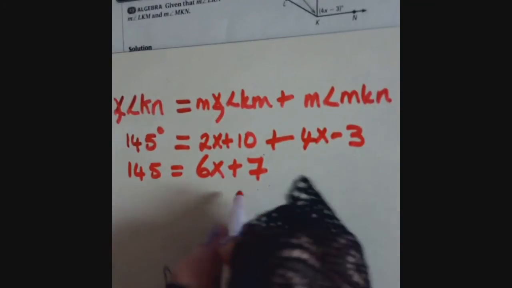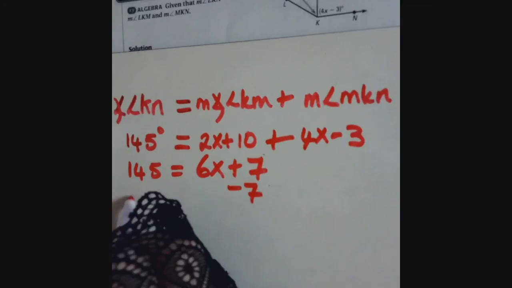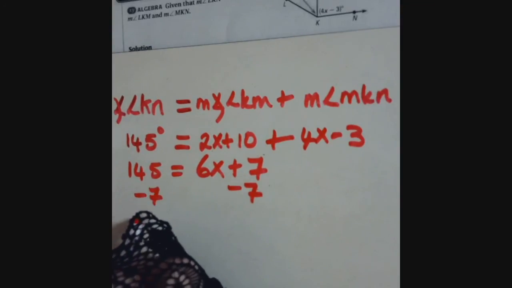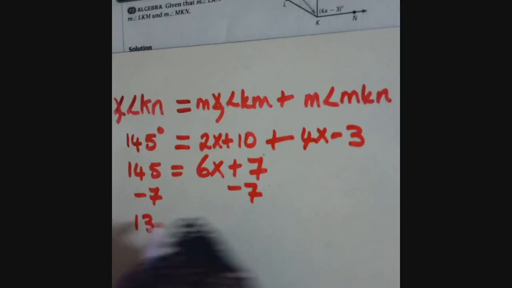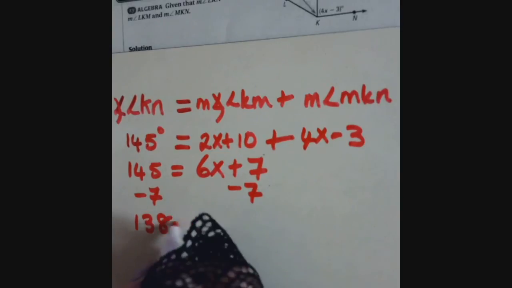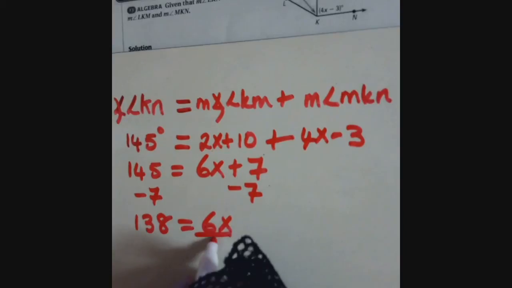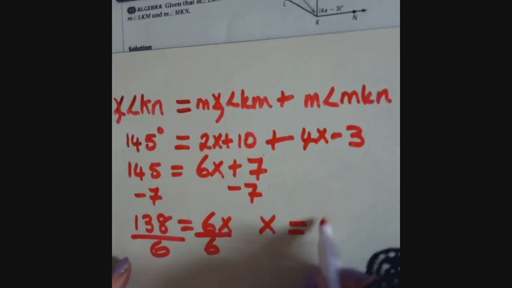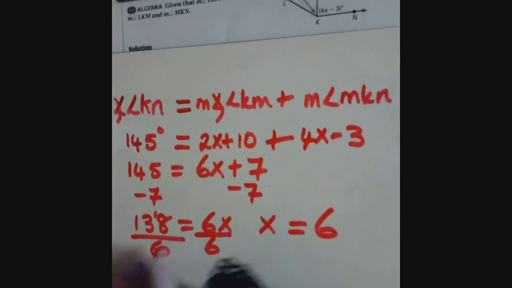Okay, so I am now going to subtract 7. So that is going to be 138 equals 6x. Divide by 6.